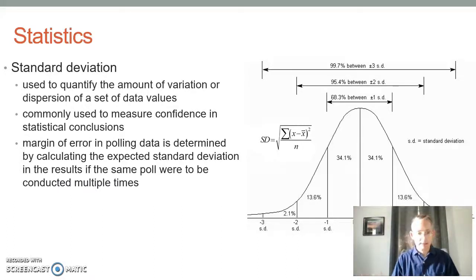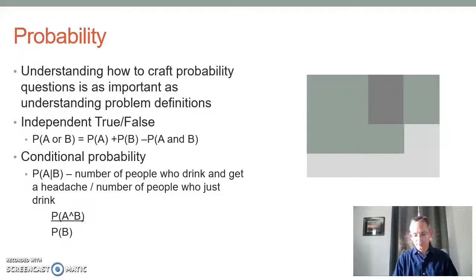Polling data is a big thing in statistics: calculate the expected standard deviation, so you can make some assumptions about what you should move forward with in terms of customer approval, or if you're going to allocate certain security assets to certain fields. Understand statistically what your best probability is for achieving the goal that you want. So statistics and math will help you with a lot of the overall modeling you need to do with data and understanding what to do with it.